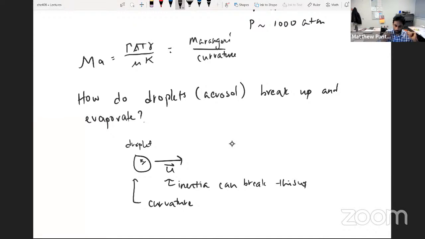We know that the pressure related to curvature scales as 1 over r. So we're going to have a big pressure increase that needs to apply for that to happen. These are going to balance. You can think about how this force dictated by inertia can provide this pressure. So that's going to have to balance out. We'll see how that works in a second.